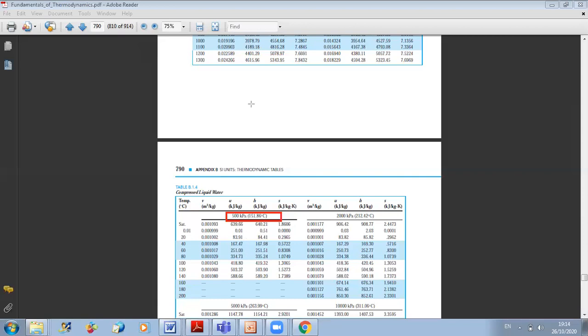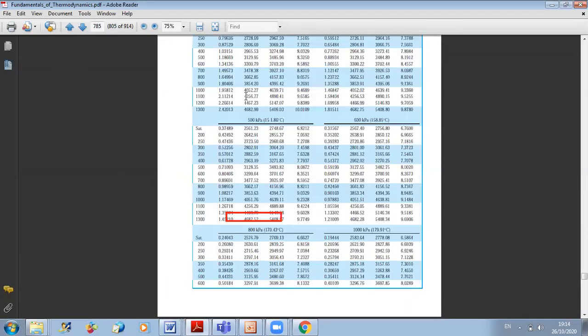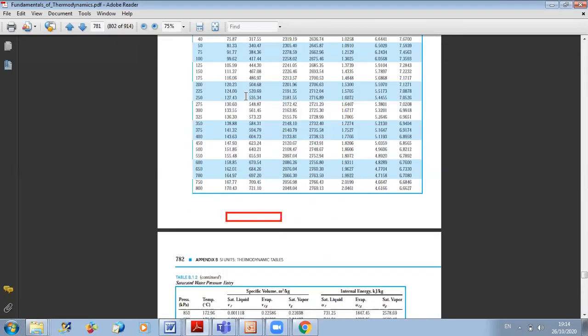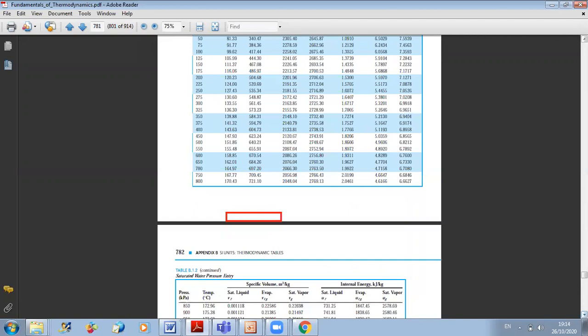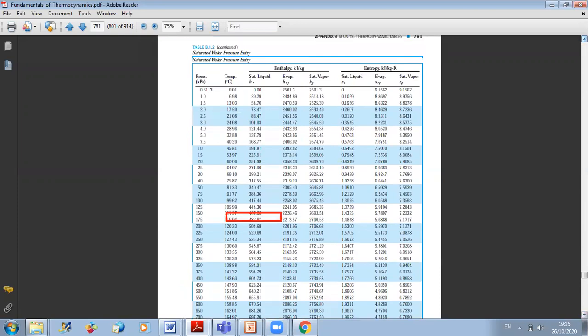So here, if you want to use the tables to get H1 and H2, then you should use the saturated tables, which are here. You should look at the pressure entry. You have 40 kilopascal, 90 kilopascal and 400 kilopascal. So this is the corresponding table. You can go to 90 kilopascal.